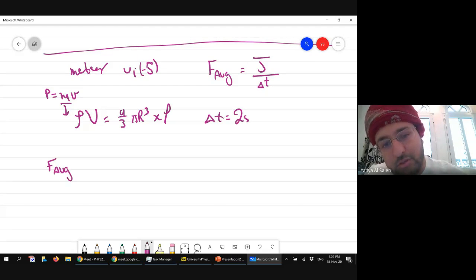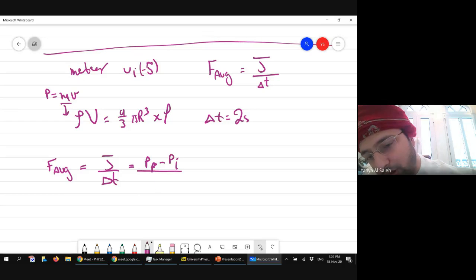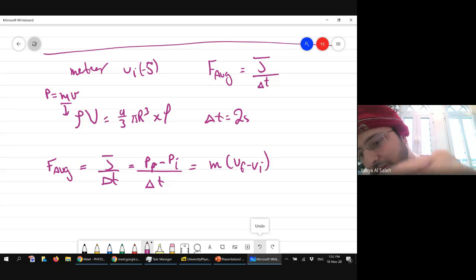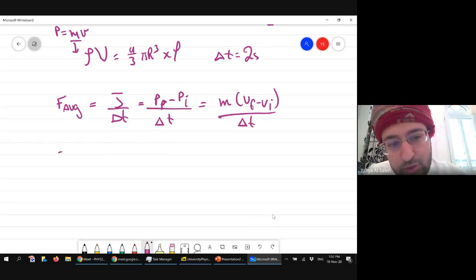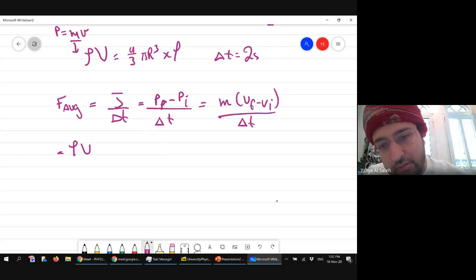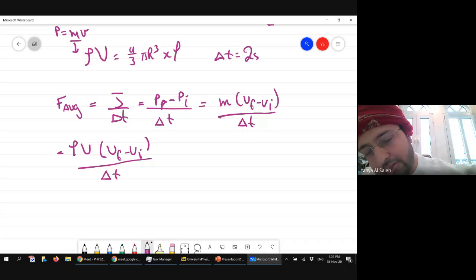F average equals J over delta t, which is equal to p final minus p initial over delta t, which is equal to m times v final minus v initial over delta t, which is equal to rho V times v final minus v initial over delta t.